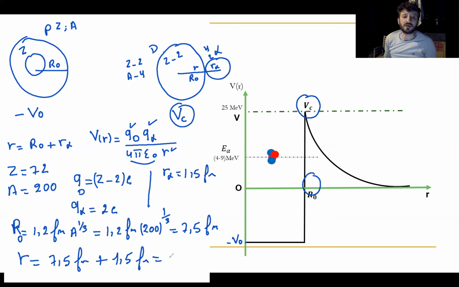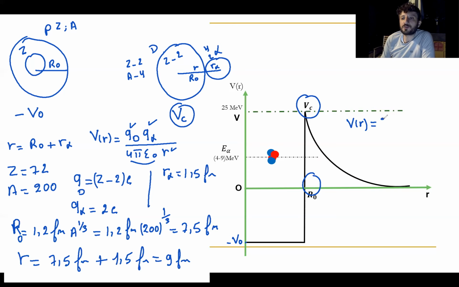We get here 9 femtometer. We calculated all the values here. We can find V of R, which is equal to Z minus 2 times E times 2E.